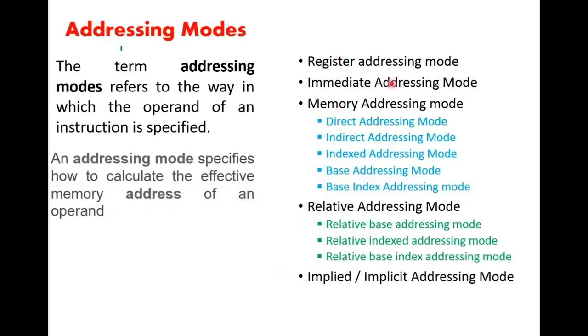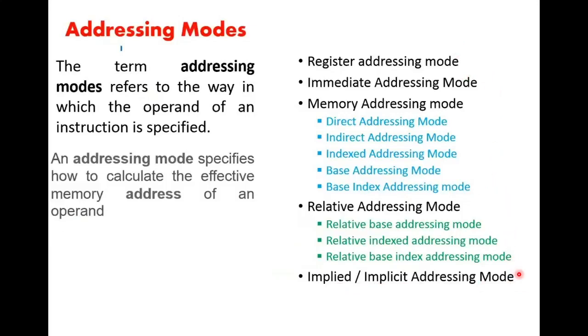First is register addressing mode, next is immediate addressing mode, and then the memory related ones: direct addressing mode, indirect addressing mode, indexed addressing mode, base addressing mode, then base indexed addressing mode, and then relative addressing modes: relative base, relative indexed, and relative base index addressing modes. The last one is implied or implicit addressing mode.